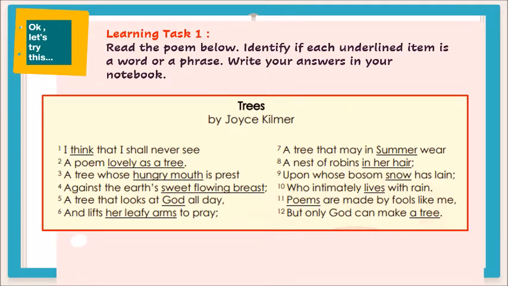A tree that may in summer wear a nest of robins in her hair. A pond whose bosom snow has lain, who intimately lives with rain. Poems are made by fools like me, but only God can make a tree.